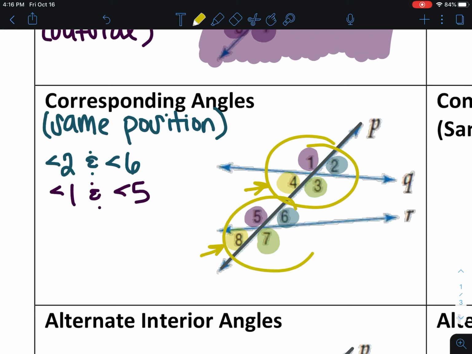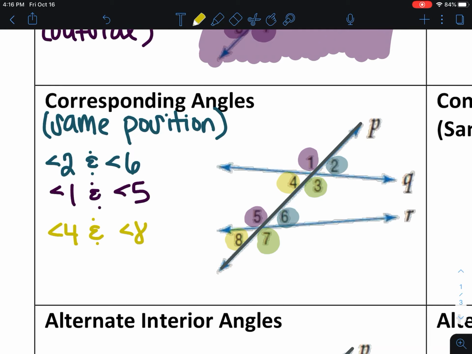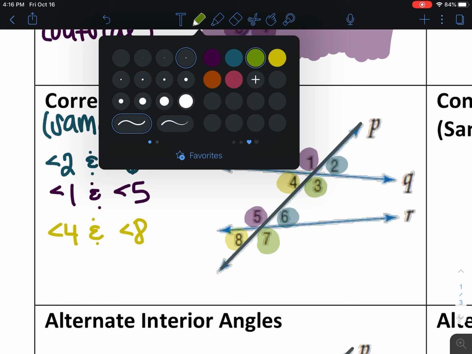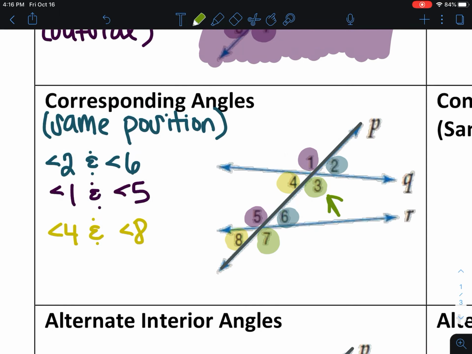Again, they're both in the bottom left corner of their groups. And then you see angle 3 and angle 7. They're both in the bottom right corner of their respective groups. So that's what two corresponding angles are.